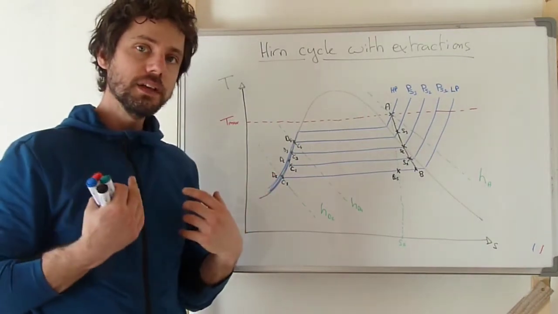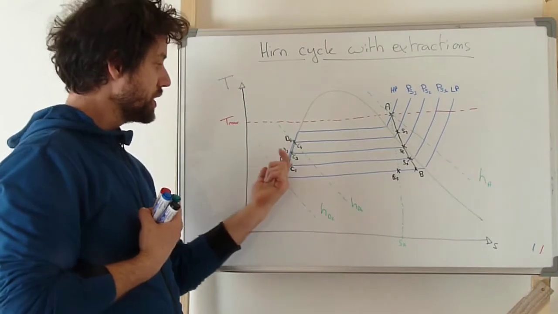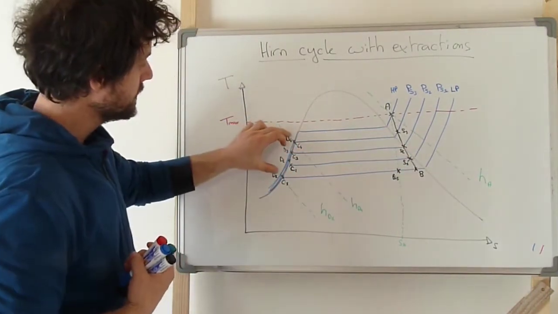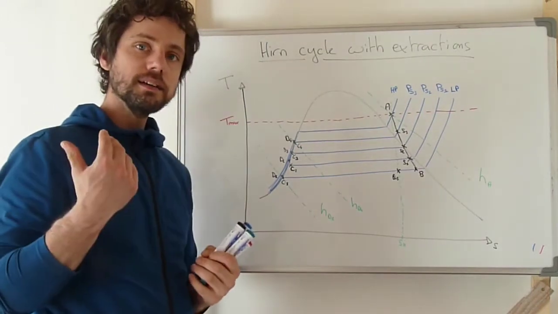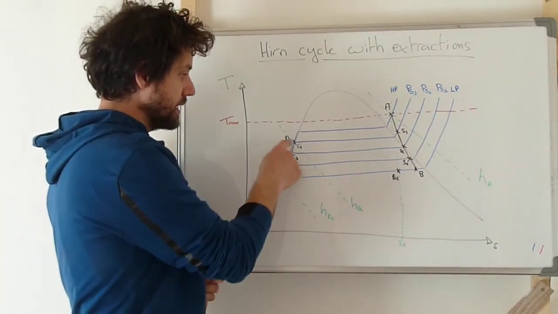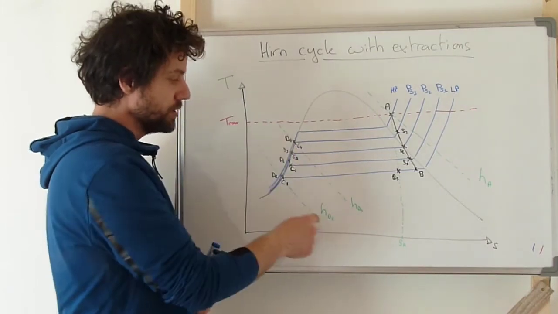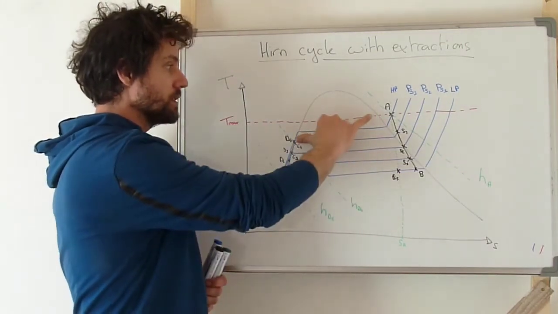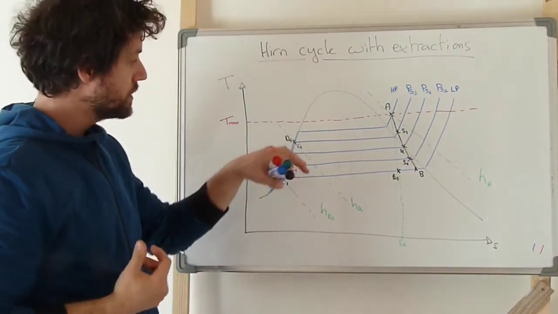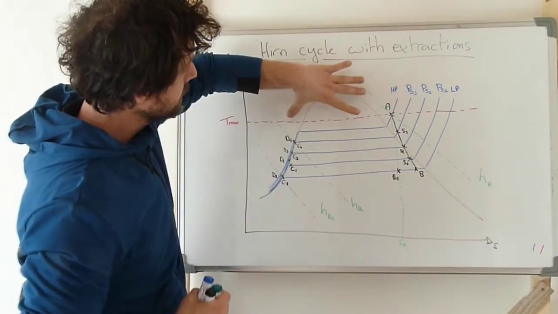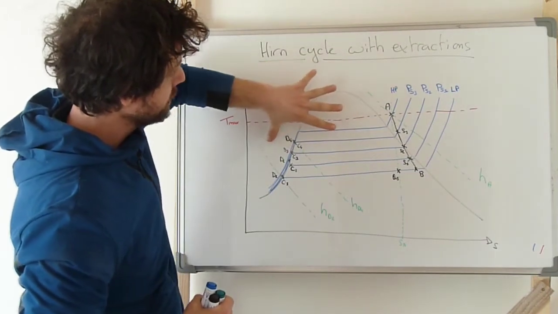Now, thanks to the preheating with the extractions that we had, the inlet of the vapor generator is at the specific enthalpy of D4, which is quite higher, and so the difference left in order to heat up the fluid to the inlet of the turbine is lower than what we had before.